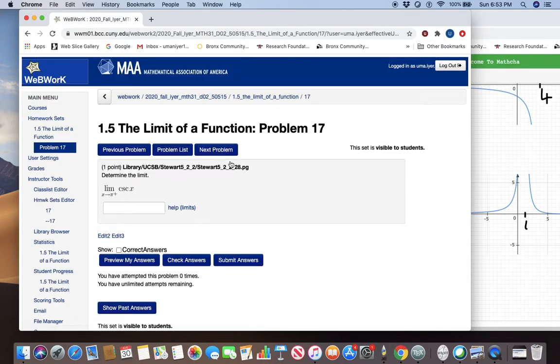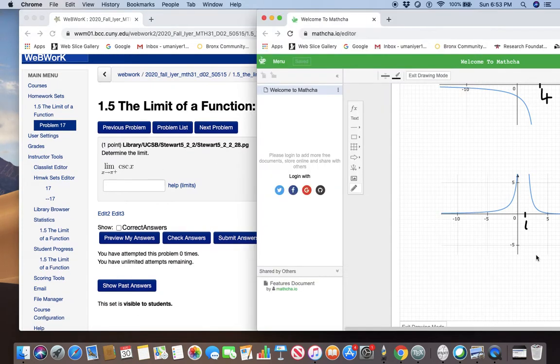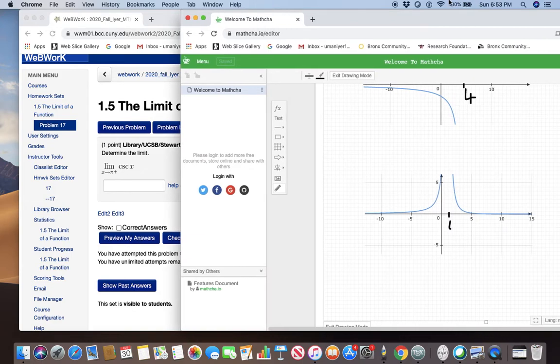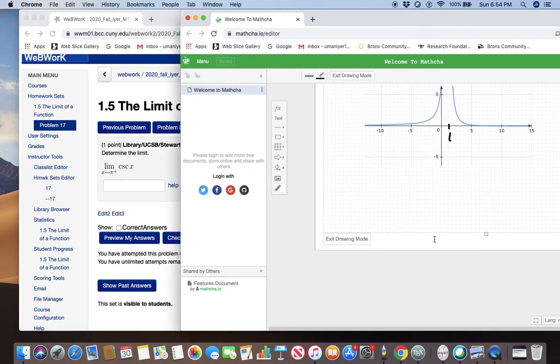Next question, cosecant. Okay, cosecant. This is a trigonometric function. If you remember, cosecant is 1 over sine. So let's remember what sine looks like.